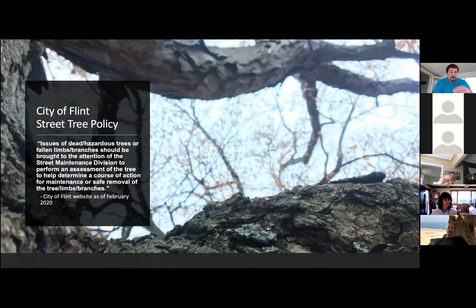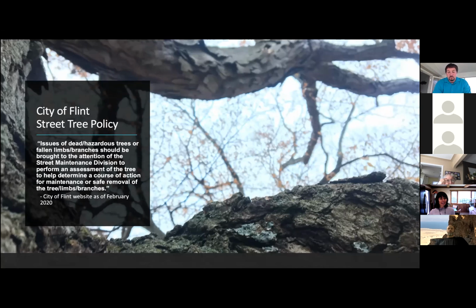So this is actually the policy from the city of Flint. This is something that is generally pretty universal as far as what cities are trying for, but just keep in mind that street tree policies are always going to be designed with public safety in mind, and public safety coming first.